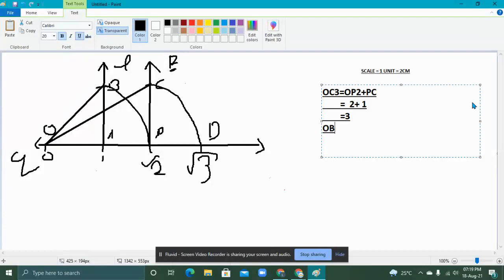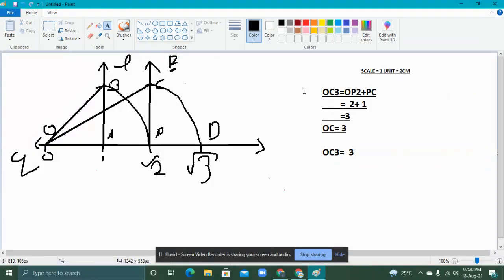Therefore OC equals to root 3, and therefore OC square equals to 3. So this is the analysis. Keep it in mind. Okay, it's very easy.